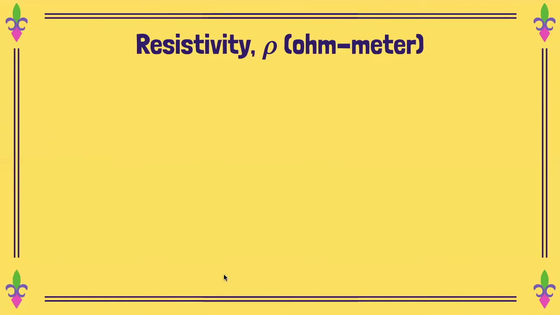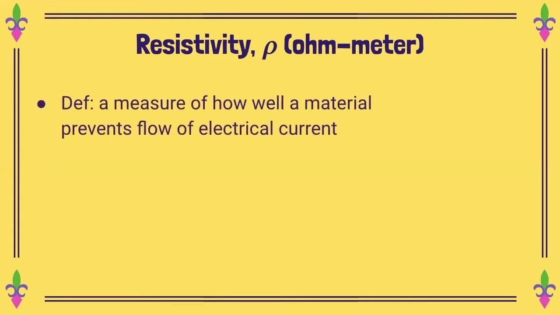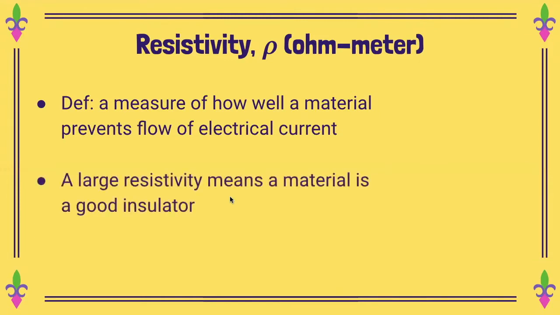And resistivity is a measure of a material. It tells you how well that material, like silver in general, copper in general, nichrome in general, how good of a conductor or insulator is it? A large resistivity, like rubber has a resistivity that would be in the millions, right? A large resistivity means it's really good at resisting the flow of current.